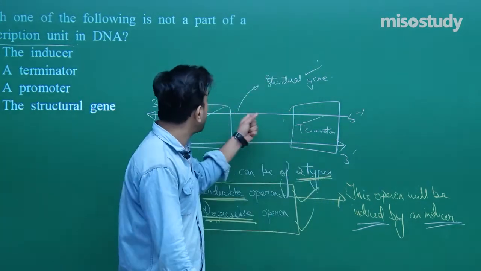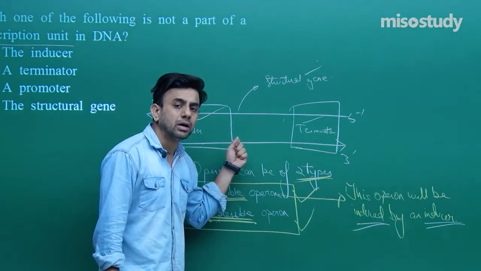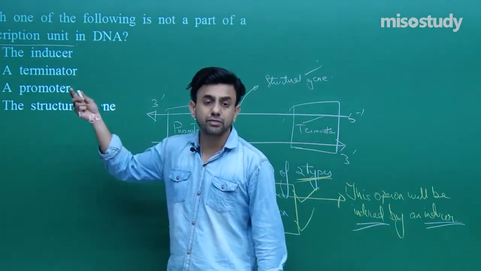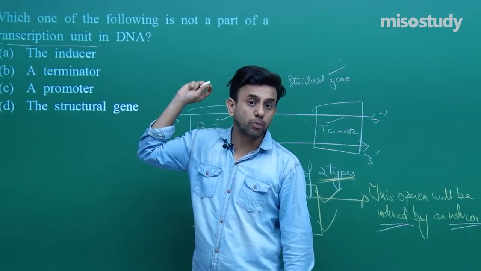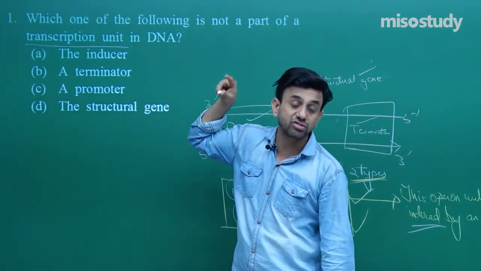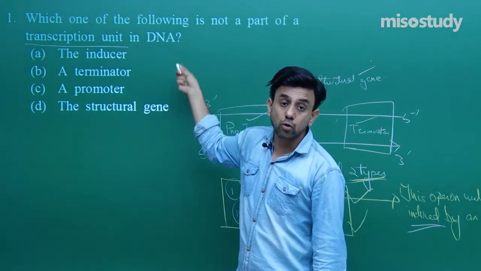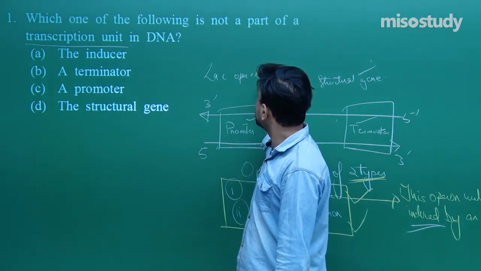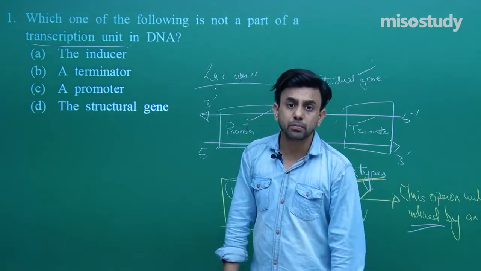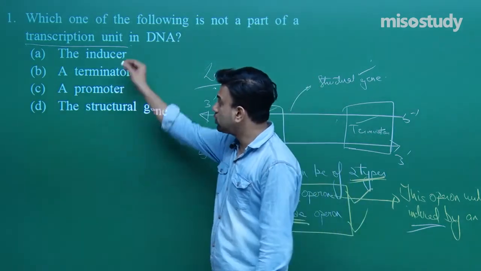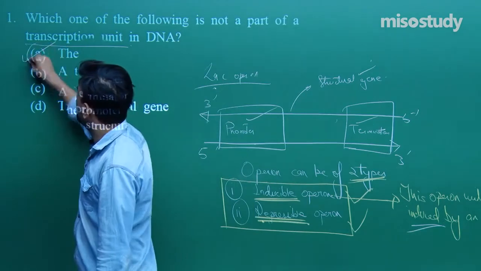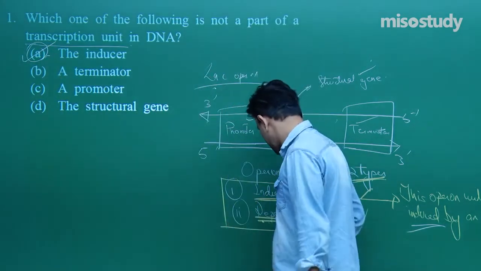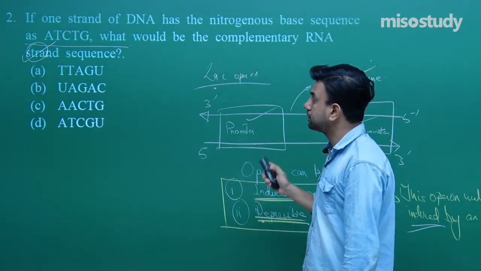This inducer will come and bind here, and it will activate the whole of the operon. In case of the lac operon, it was the lactose and the allolactose. The lac operon was basically for the digestion of the lactose in the prokaryotes. So the inducer will be the option here which is not in the transcription unit, right? So we move on to the next question.